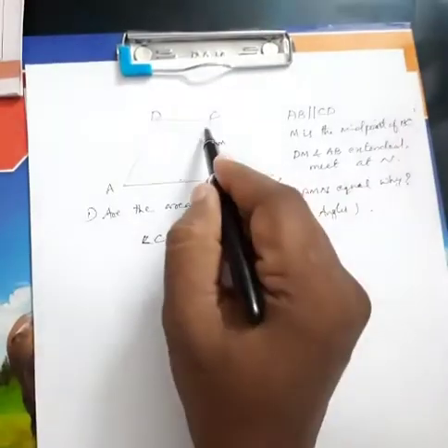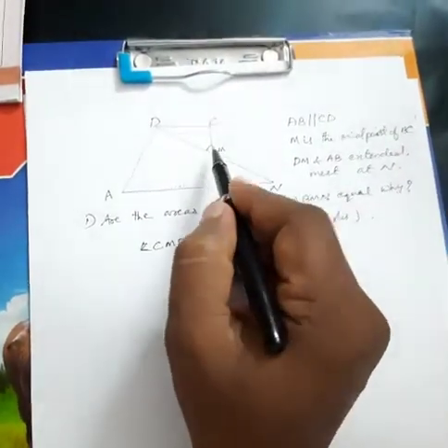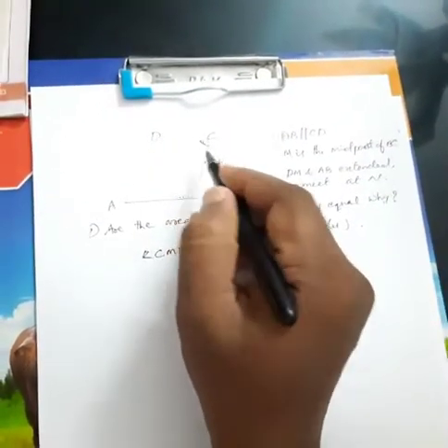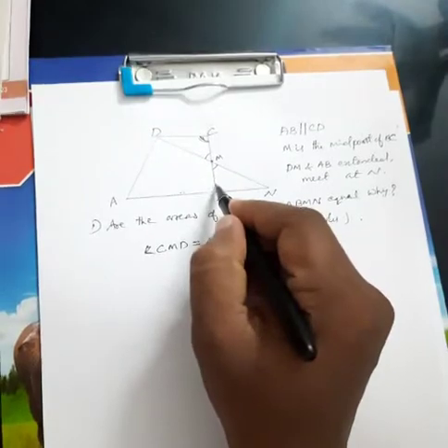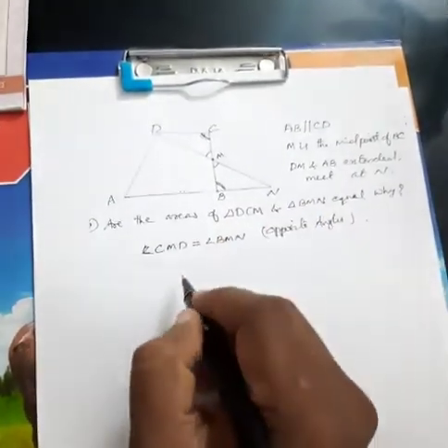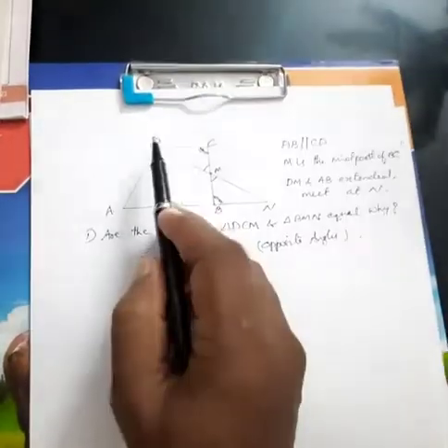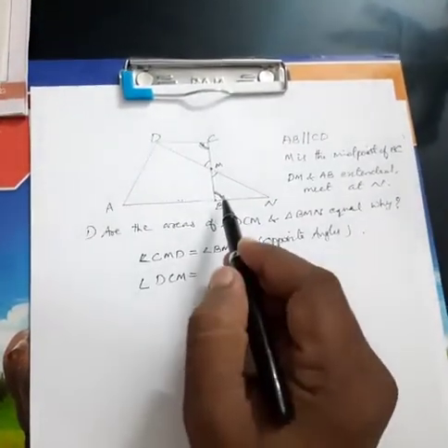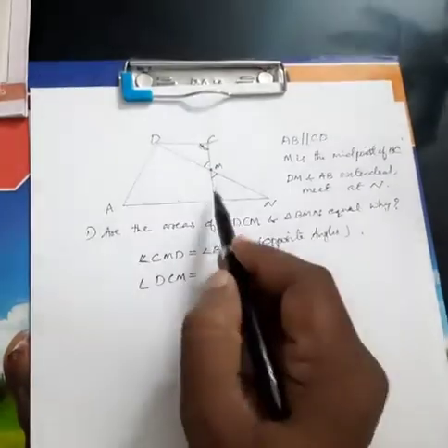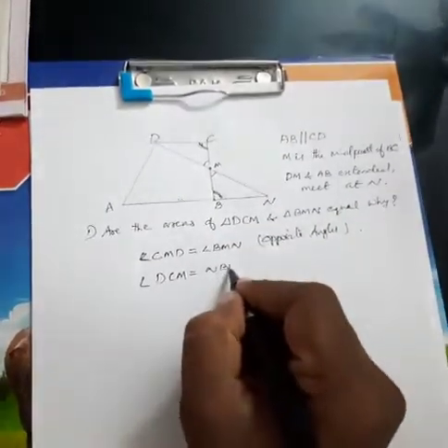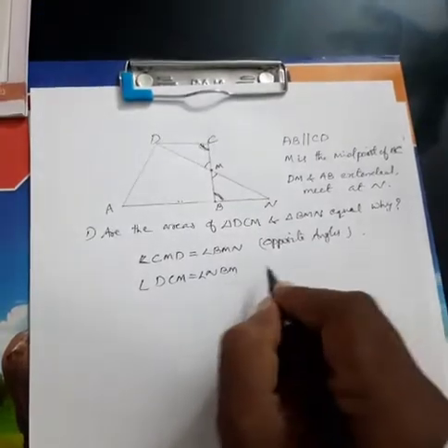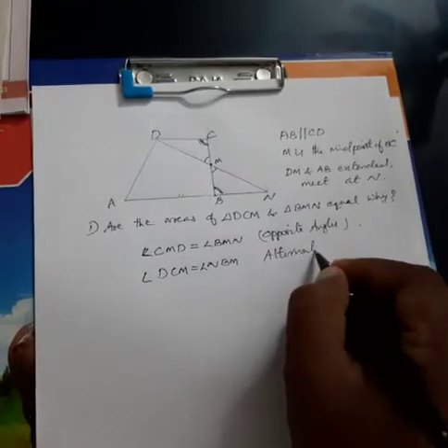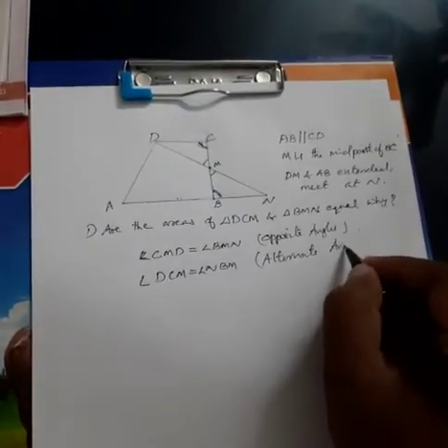Next, here you get one pair of alternate angles, this angle and another angle here. So angle DCM equal to angle NBM, so these two are alternate angles.